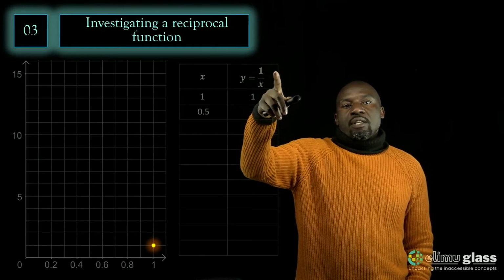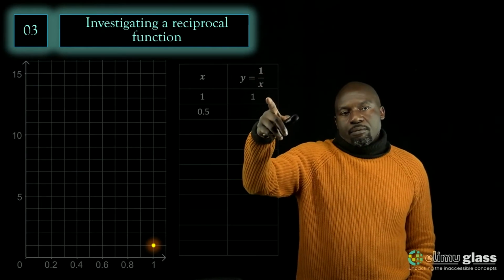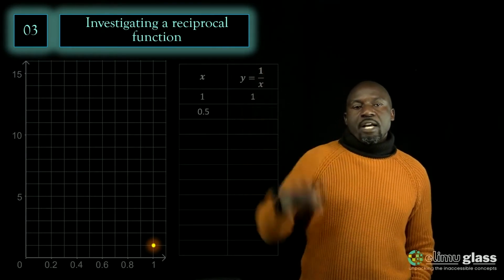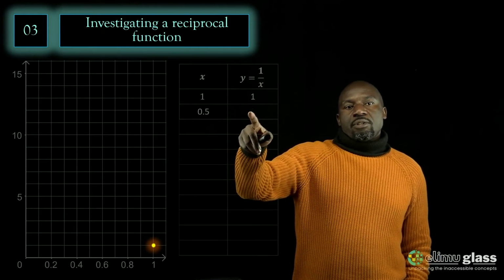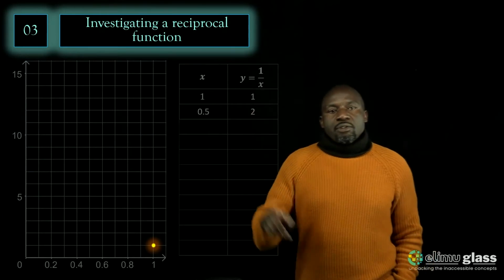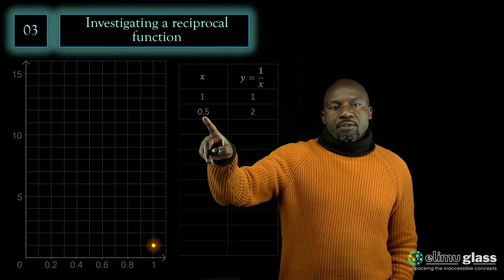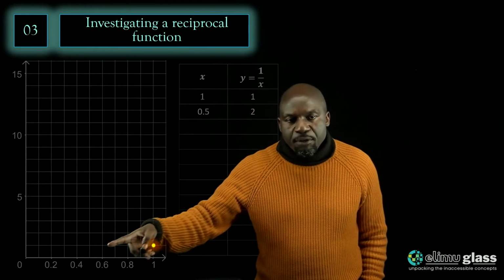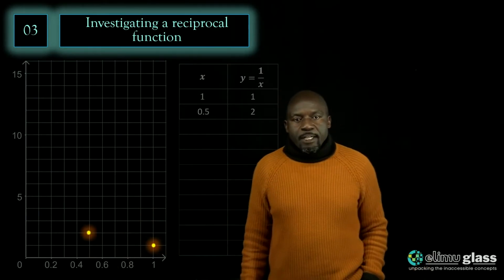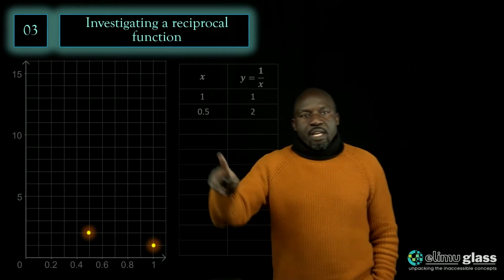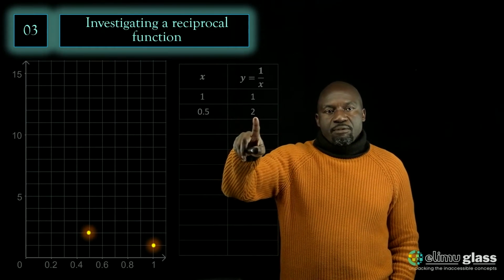Because it's 1 divided by a half, so 1 over 1 over 2, so the 2 goes up. So if x is 0.5, y is 2, okay? So we plot the coordinates of the point (0.5, 2). There we go. So when we make the value of x smaller, the value of y has increased.